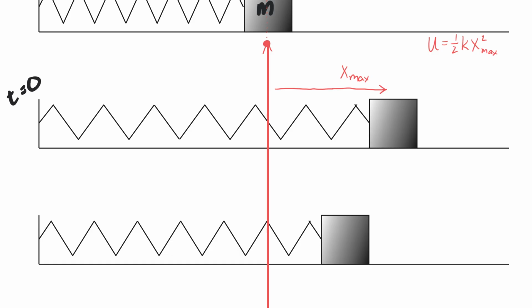Now, the spring is a conservative force. So the spring is pulling back with a force this direction.